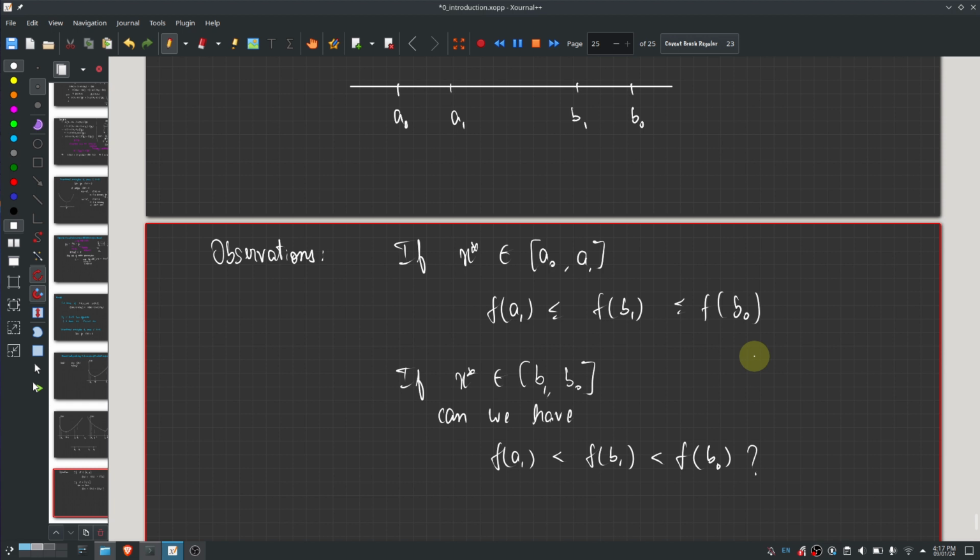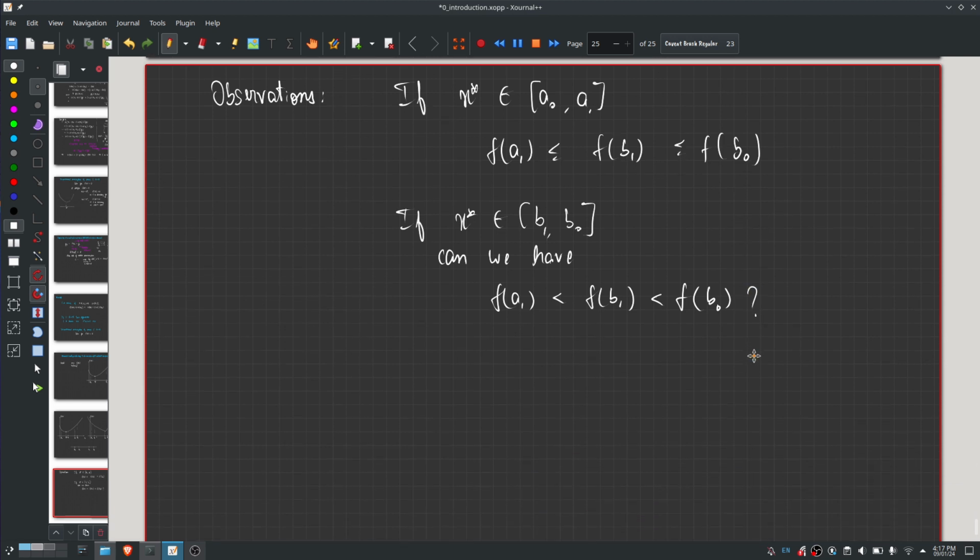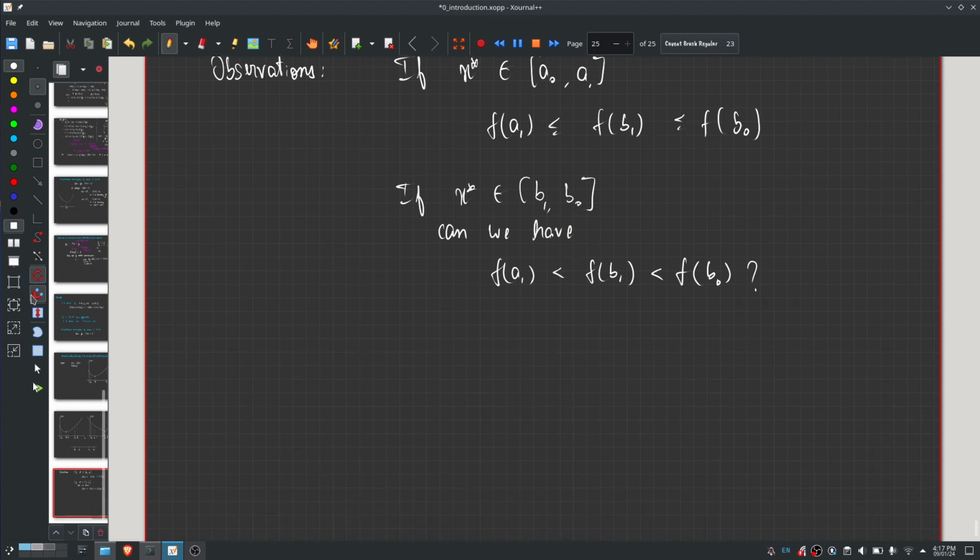Is this possible? Right, so what am I saying? Let's draw pictures because those are useful. So I have a0, a1, b1 and b0.